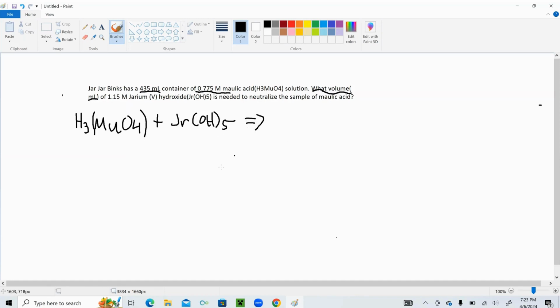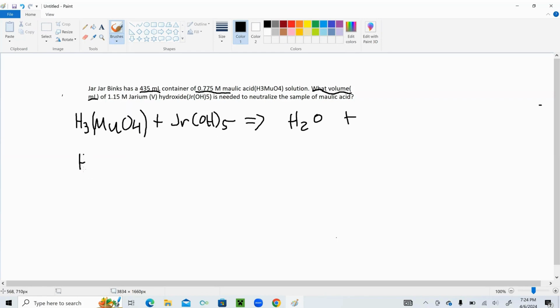What do we get when we mix an acid and a base? We know that we get a water and a salt, correct? So right off the bat, you can just do H2 here. But what is the salt?